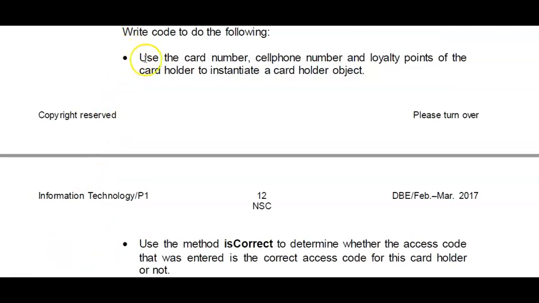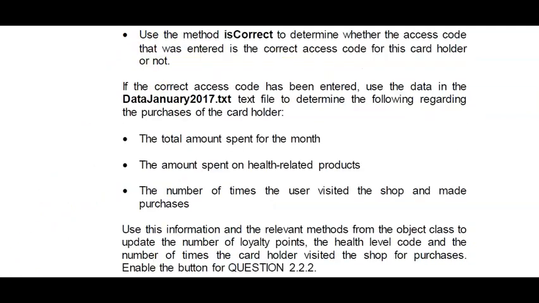Before we start looping, we need to instantiate the object using the input then from the user. Break this question down in small pieces and press pause and just do that first bit. Once the object has been created, you are able to use other methods, and you need to use isCorrect to determine if the access code was entered correctly.